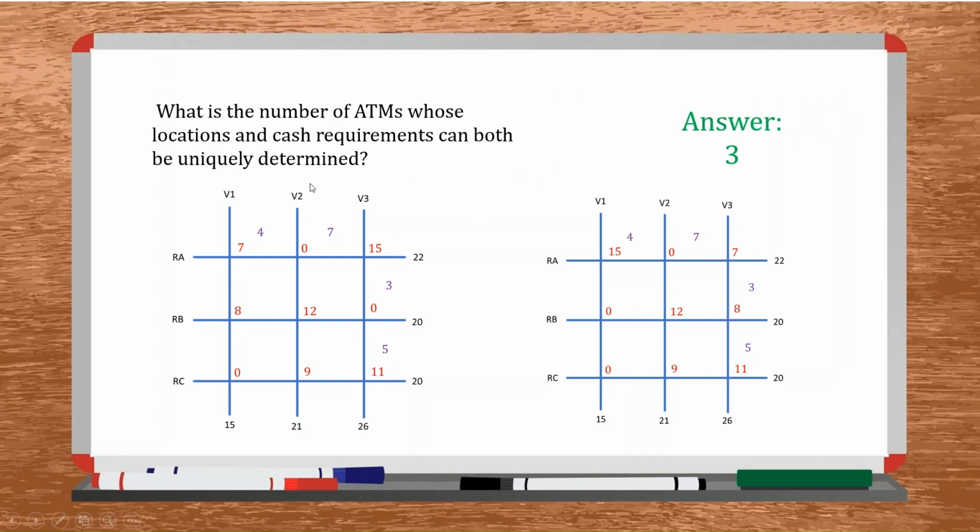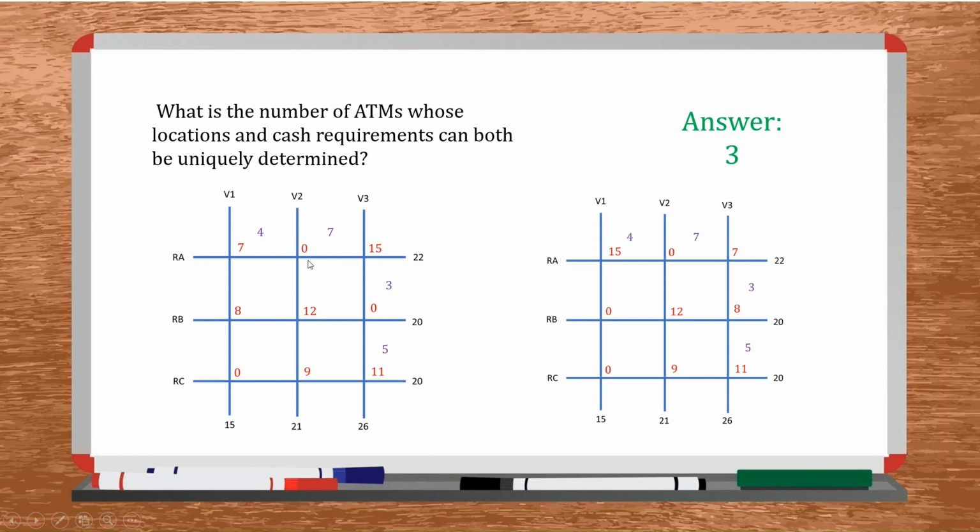And the last question is, what is the number of ATMs whose location and cash requirements can both be uniquely determined? If we consider the first ATM at point A, the value is fine, but the location cannot be determined for 7 and 15. Hence, the only possible options for this are 12, 9, and 11.